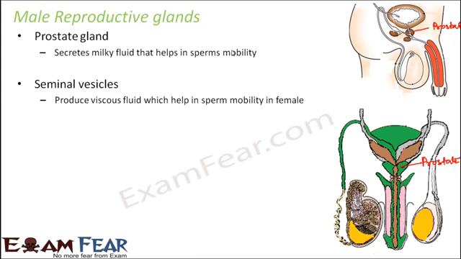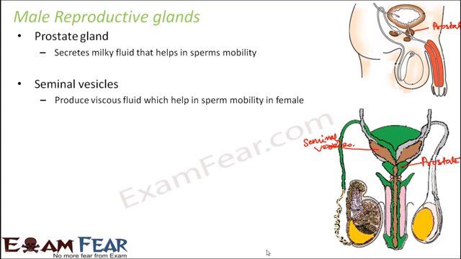So what do the seminal vesicles do? They produce viscous fluid which helps in sperm mobility in the female. Seminal vesicles are present in the males. These are the seminal vesicles, the brown colored structures. These glands will secrete a fluid that will be a little viscous. Now what happens to the sperms?